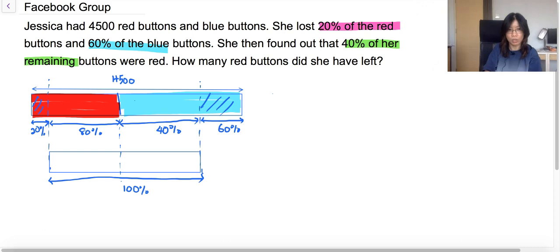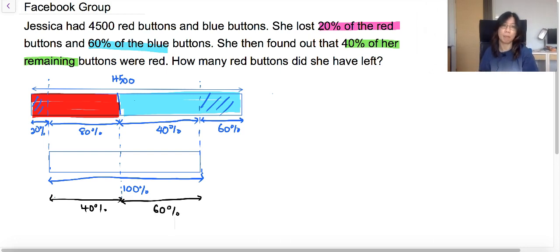But now the question says that, let me use a different color, this part, the red, is actually 40% of the remaining. So the blue will actually make up the remaining 60% of the remaining. Clear about this part?